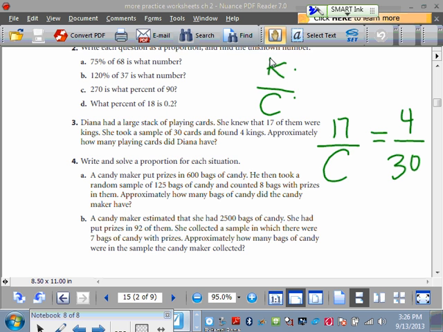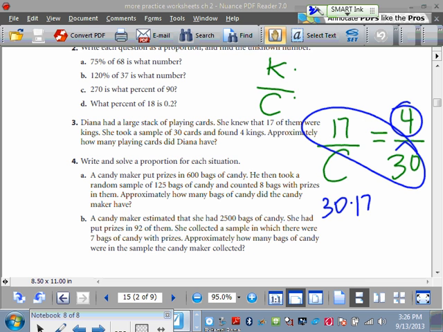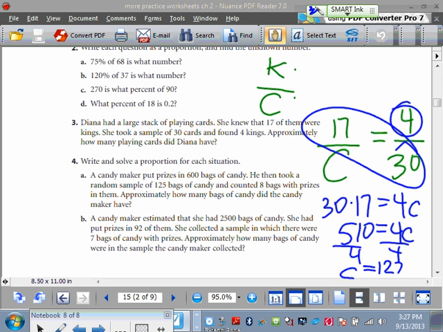Doing this, we can do our cross multiplication and then our division. So we need to do 30 times 17 is equal to 4c. When we do that, we get 510 is equal to 4c. We're going to divide each side by 4, and we're going to get c equal to 127.5.